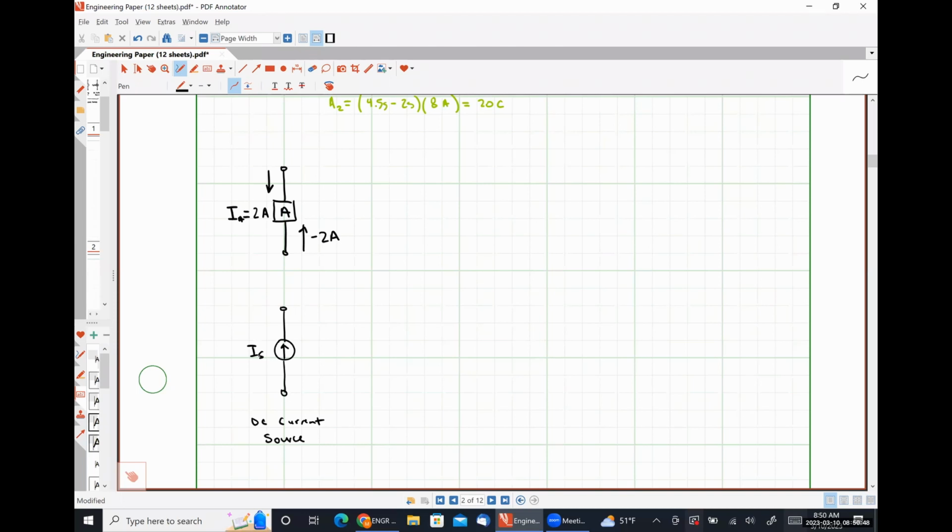So our magnitude is IS, and the direction of the arrow in the middle tells us what direction the current is flowing. Here is our symbol for our AC current source. It's just the DC current source symbol with a squiggle in the middle to let us know that we have a time varying current. So our magnitude would be IS of T, lowercase, because we're dealing with time varying quantities.